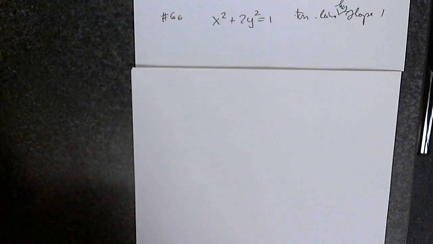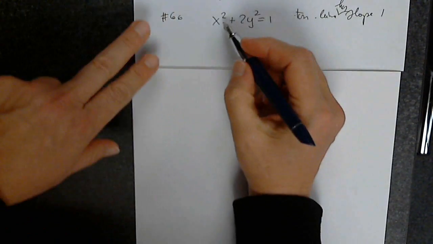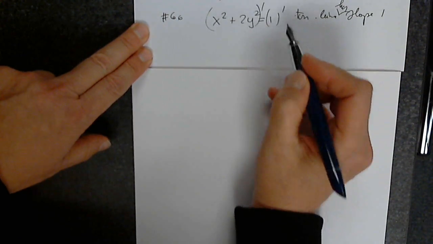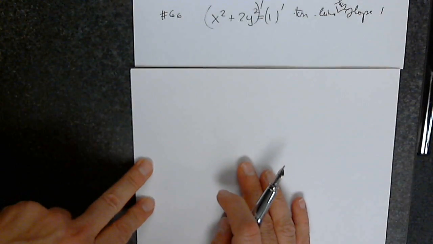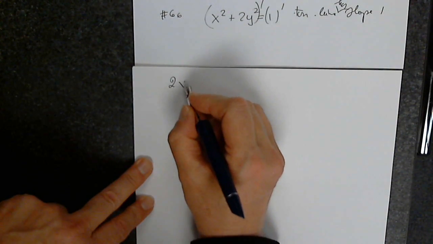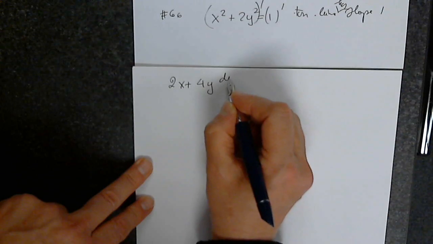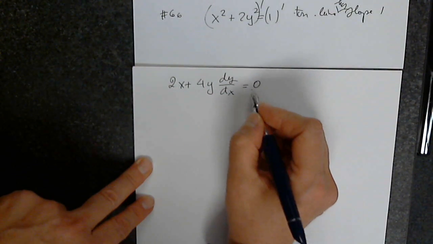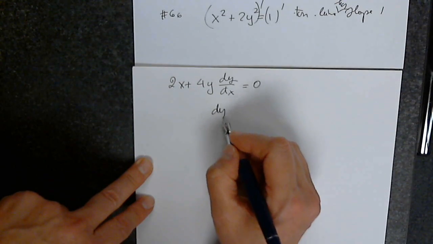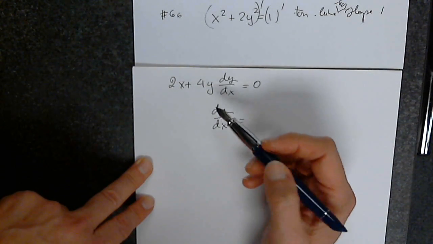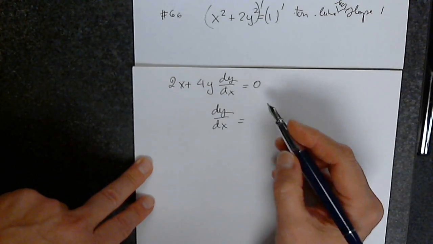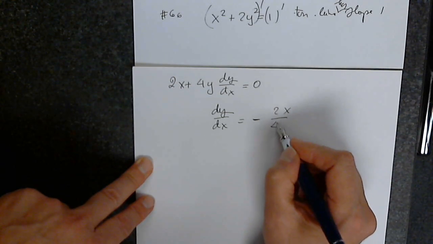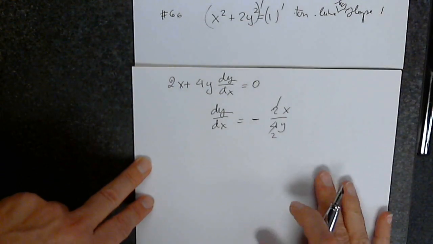In this case, you just differentiate implicitly and substitute dy dx. So 2x plus 4y dy over dx equals? Perfect. So then dy over dx equals negative 2x over 4y. And of course, I'll simplify by 2.